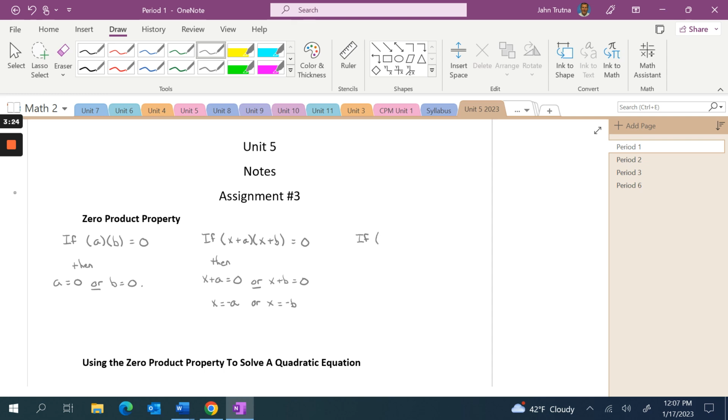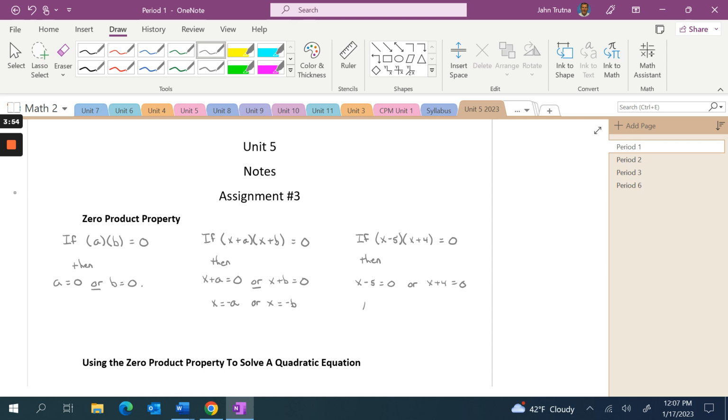Okay, the last example here of the zero product property. So let's say I have the quantity x minus 5, and I multiply it with the quantity x plus 4, and those two quantities, when multiplied together, is equal to 0. So according to the zero product property, this means that then x minus 5 quantity has to be equal to 0, or the quantity x plus 4 has to be equal to 0.